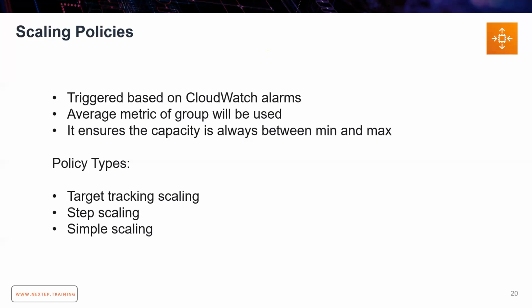You can define your step configuration there. And the simple scaling policy says you can add only one configuration there. When this alarm goes off, add a couple more EC2 instances or 1 EC2 instance.